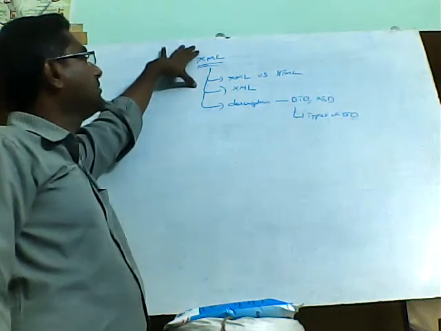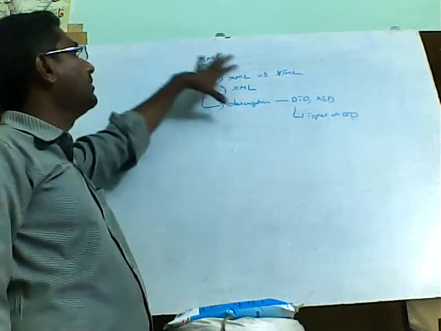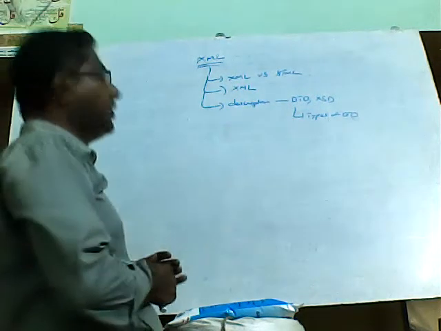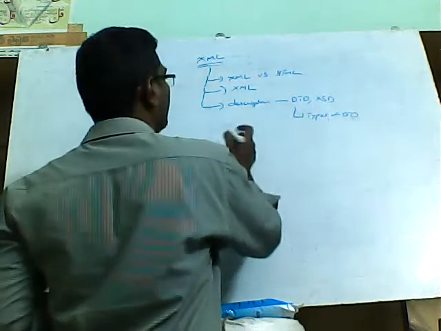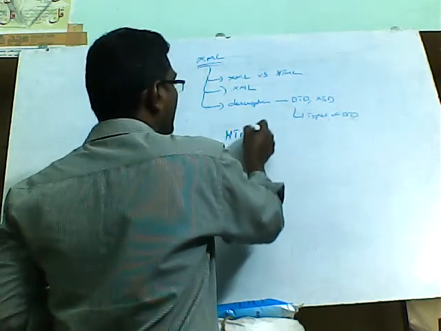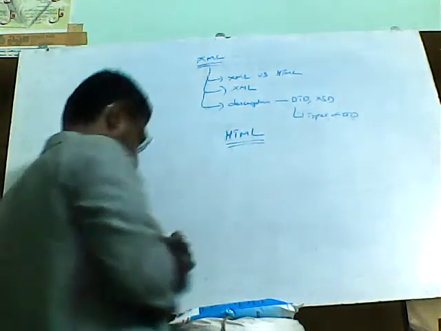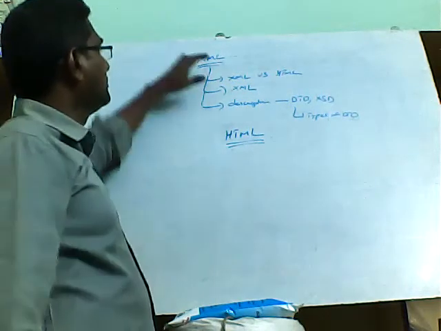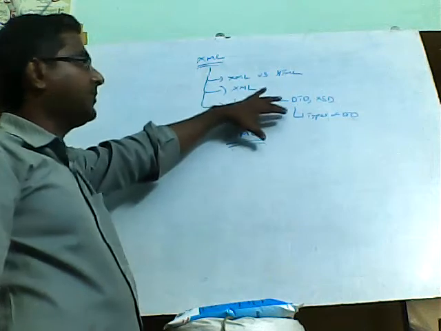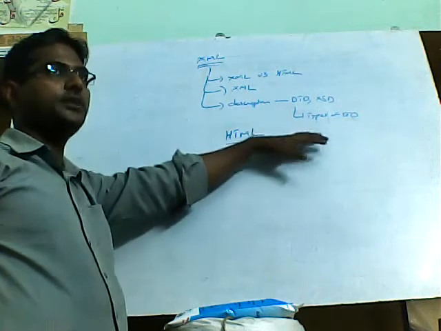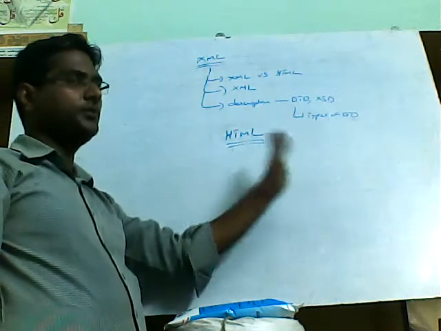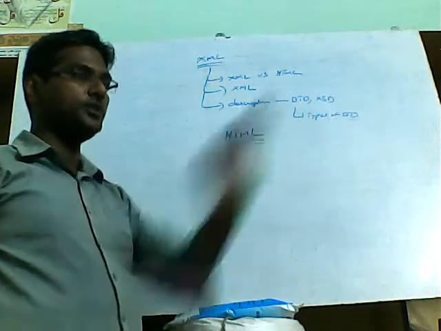So this is more about XML. In order to understand XML, first you should have knowledge of HTML, that is hypertext markup language. Then, if any XML document is given to you, you can parse the document and convert it to machine code.